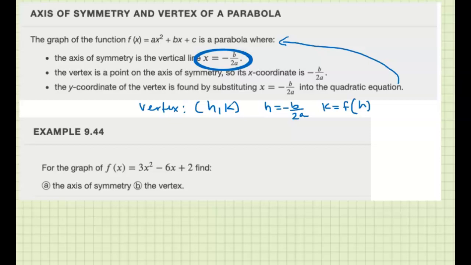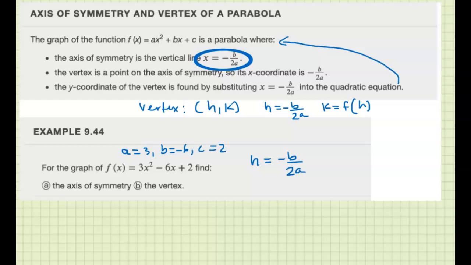We want to find the axis of symmetry and the vertex for this function, 3x squared minus 6x plus 2. So we're going to use the formula. h equals negative b over 2a. A is 3, b is negative 6, and c is 2.